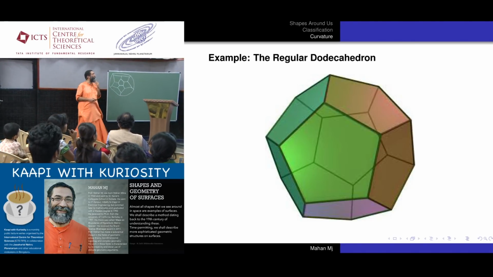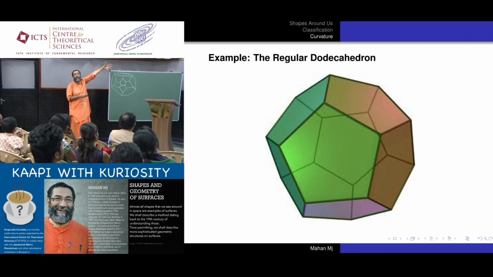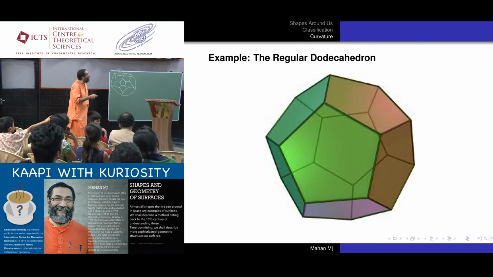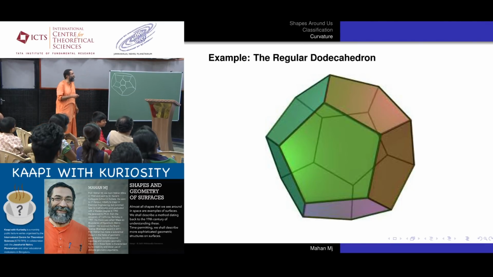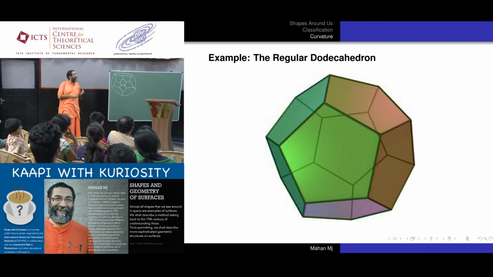What did we want to do? We wanted to compute the angle defect. This is not something that we use frequently; we don't use the dodecahedron frequently in day-to-day life. So what's the curvature around each vertex? Firstly, we have to compute the internal angle of a pentagon. What's the external angle sum of any convex polygon? That's 2 pi, so each external angle would be 2 pi by 5.